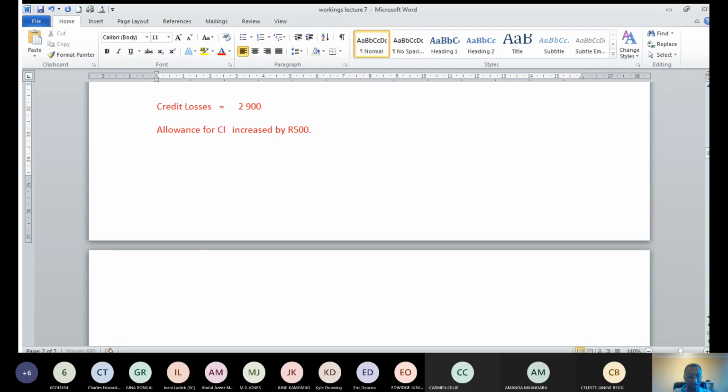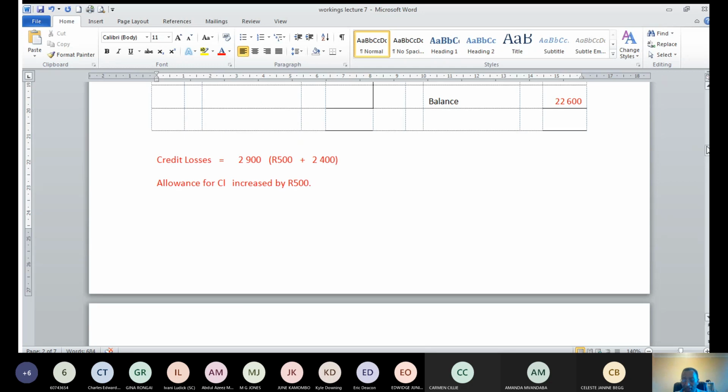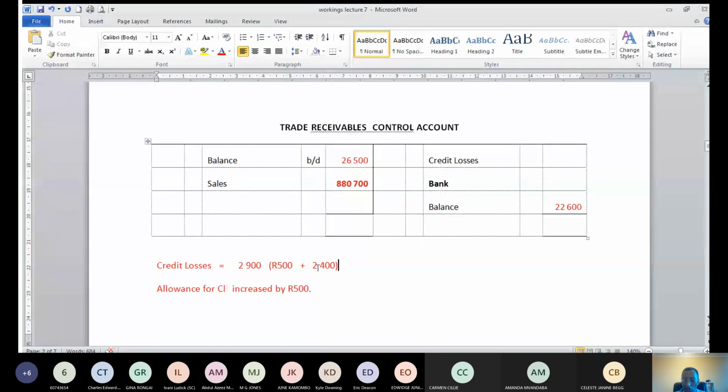The credit losses consist of a 500 Rand, which was the increase to your allowance for credit losses, as well as 2,400 Rand from credit losses written off from our trade receivables. So if you must construct your trade receivables control account, your credit losses that apply to trade receivables is only 2,400 Rand.